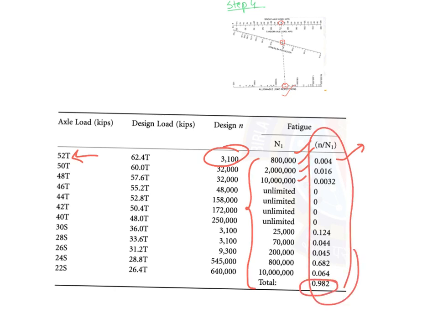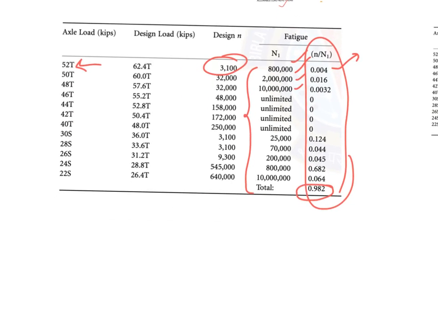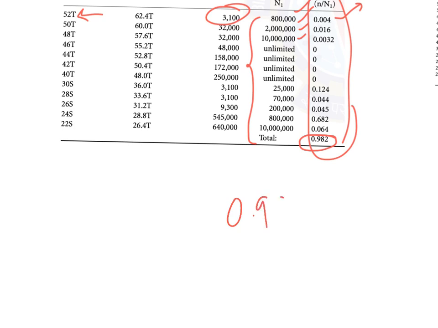Here the summation of this damage comes out to be 0.982. This 0.982 is less than 1. That means the slab thickness 9.5 which you have assumed is safe in fatigue design.